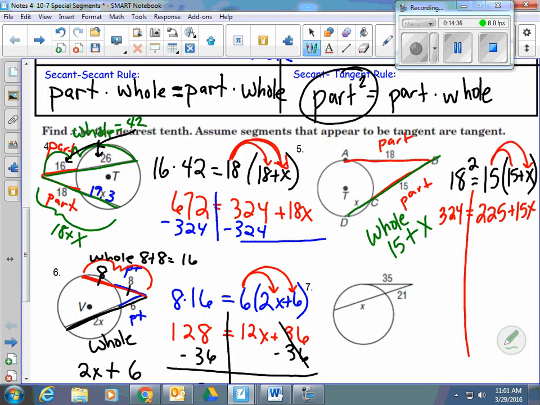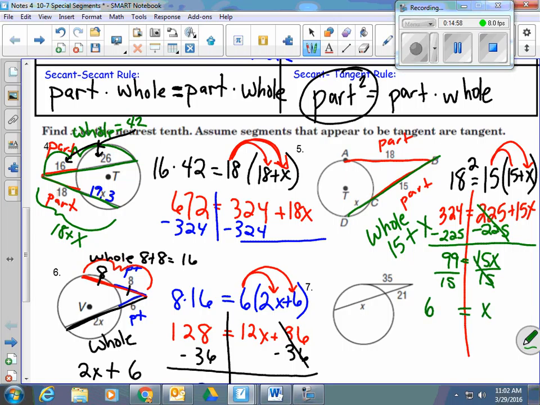Subtract the 225 from both sides. Then you get what? 99. Now what? Good. Divide by 15. So x equals what? 6.6 or 6.7? 6.6.